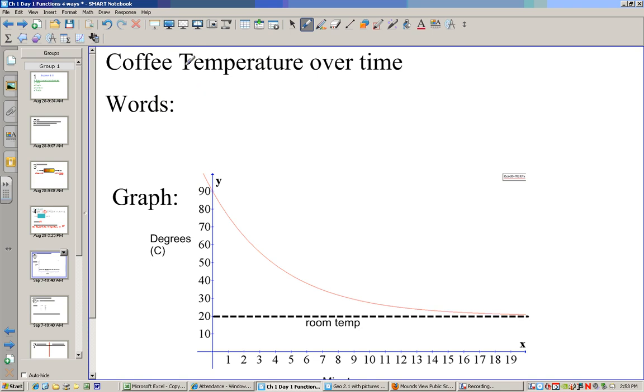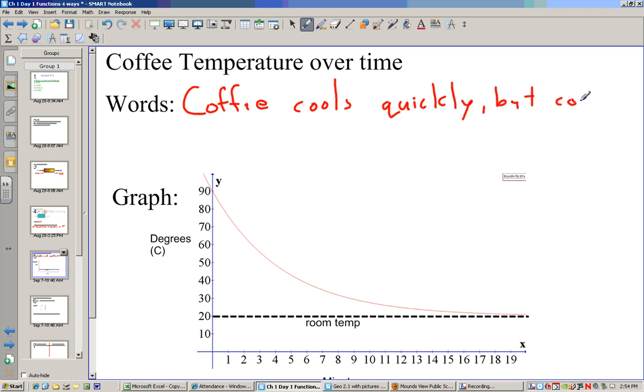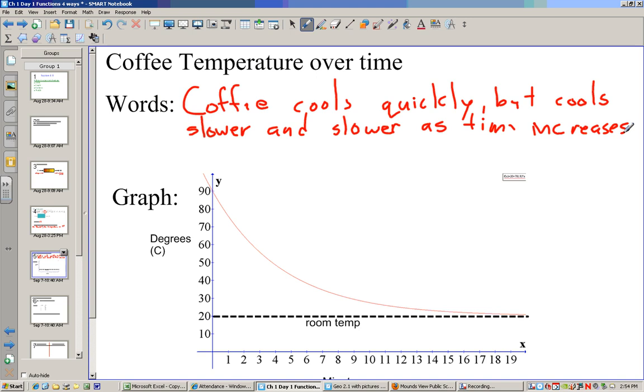So in words, what I would say is what's happening is the coffee cools quickly initially, but slower and slower as time increases.